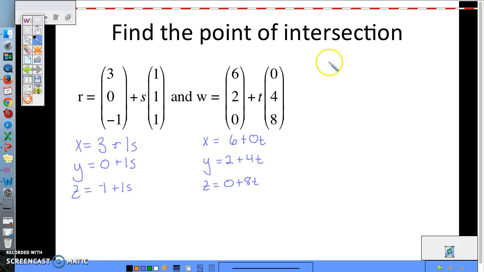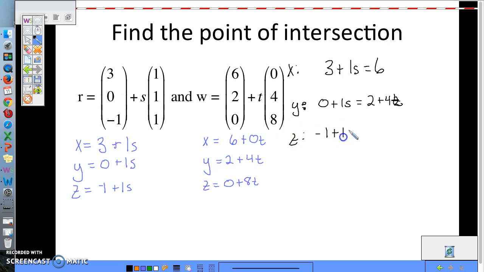So our x values, where does 3 plus 1s equal 6? That's where our x's will intersect. Our y, where does 0 plus 1s equal 2 plus 4t? And our z's intersect where -1 plus 1s equals 0 plus 8t.